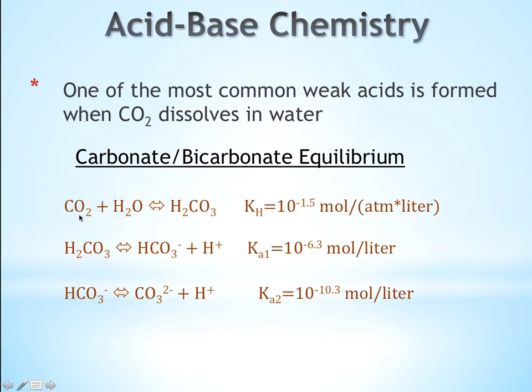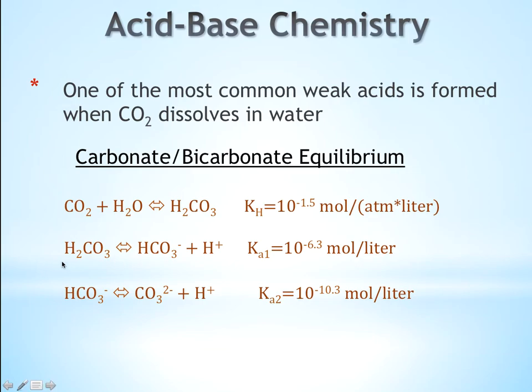So we have CO2 dissolving in water, making carbonic acid. And then here is the equilibrium constant for that. It's a little bit different from Henry's law constant, as it is the concentration of carbonic acid in the water divided by the partial pressure of CO2 in the air. So a little bit different from the equilibrium constant, and a little bit different than Henry's law constant.